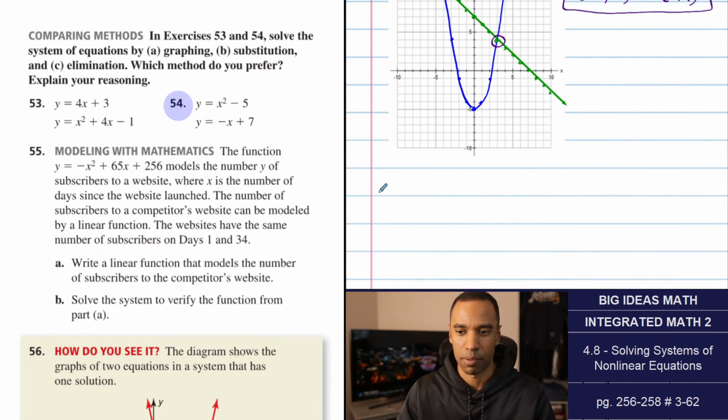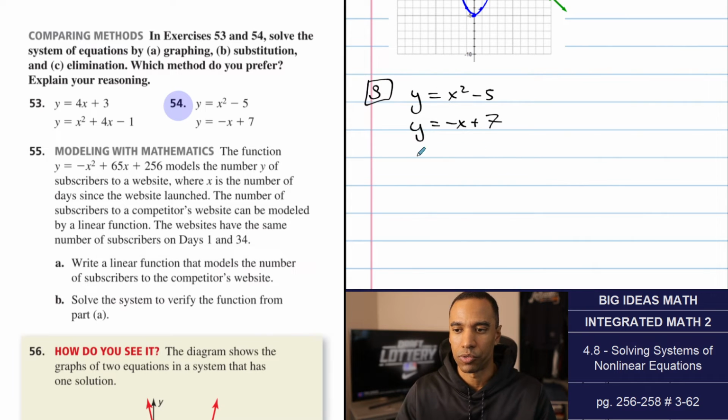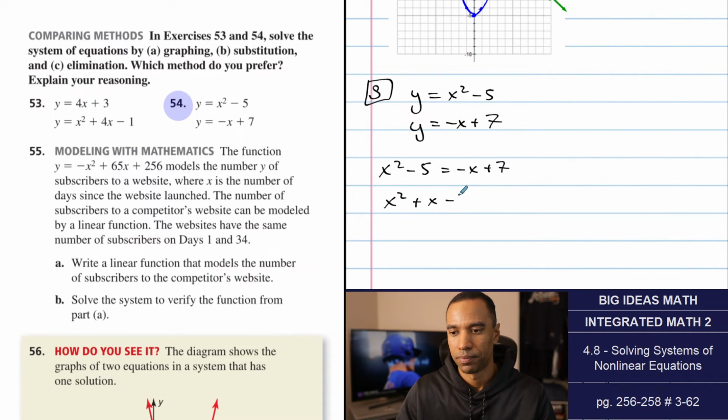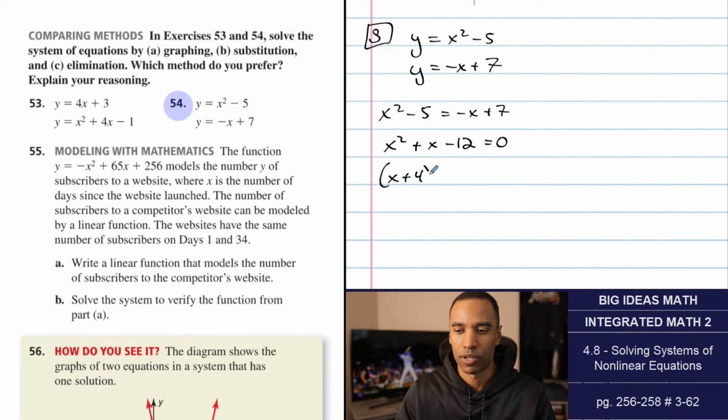Let's do substitution. This time let's set the problems up correctly. So there was y equals x squared minus 5 and y equals negative x plus 7. So as far as substitution goes here, we're going to say x squared minus 5 equals negative x plus 7. Add x over, subtract 7 over, and this is factorable. This is x plus 4 times x minus 3.